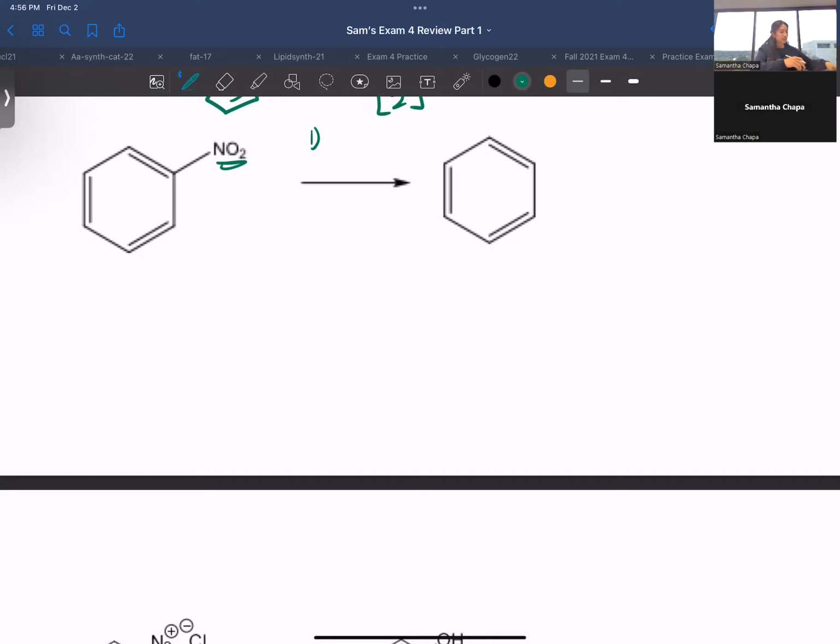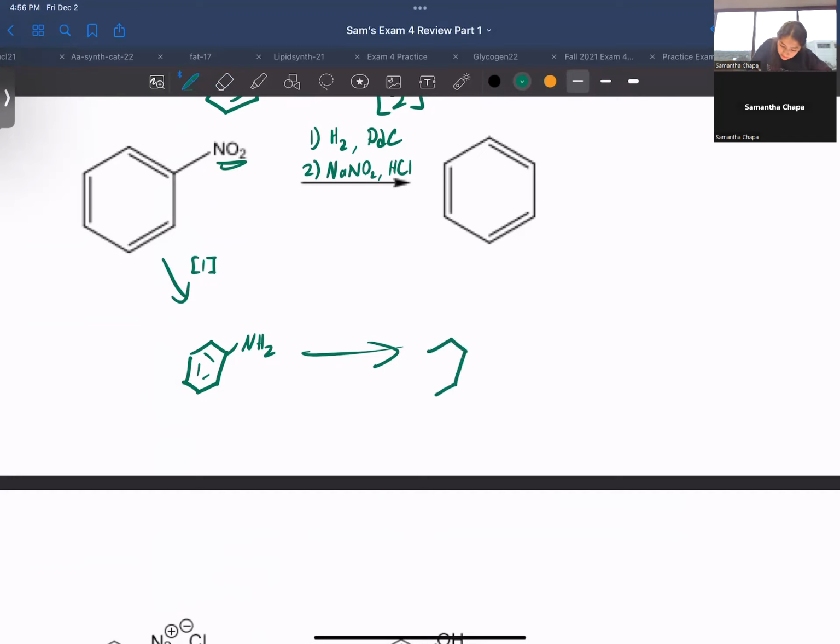Let me go back to this to make sure. I'm good. So we're going to use H2 Pd/C to hydrogenate and make this primary amine. Step number 2 is when we make the salt. As usual, NaNO2 using HCl.